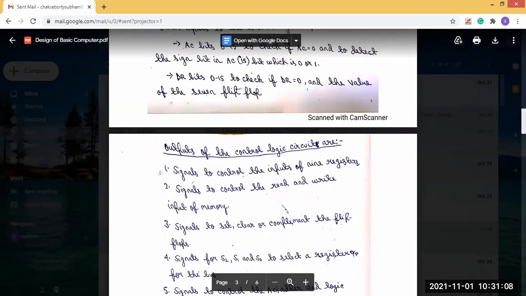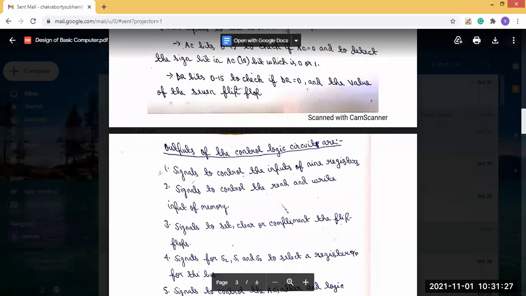For controlling the read-write input of the memory, signals can be generated. For set, clear, or complement operations on the flip-flops, signals can be generated.